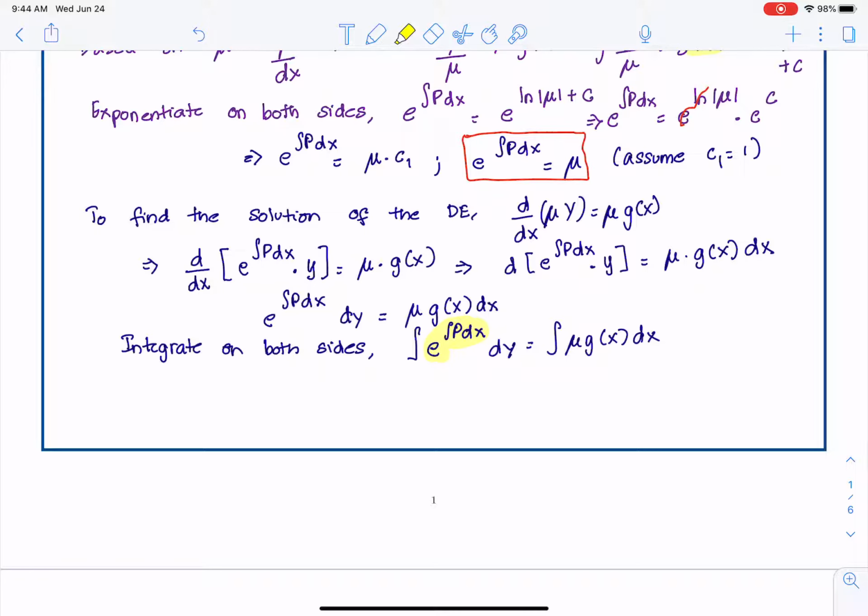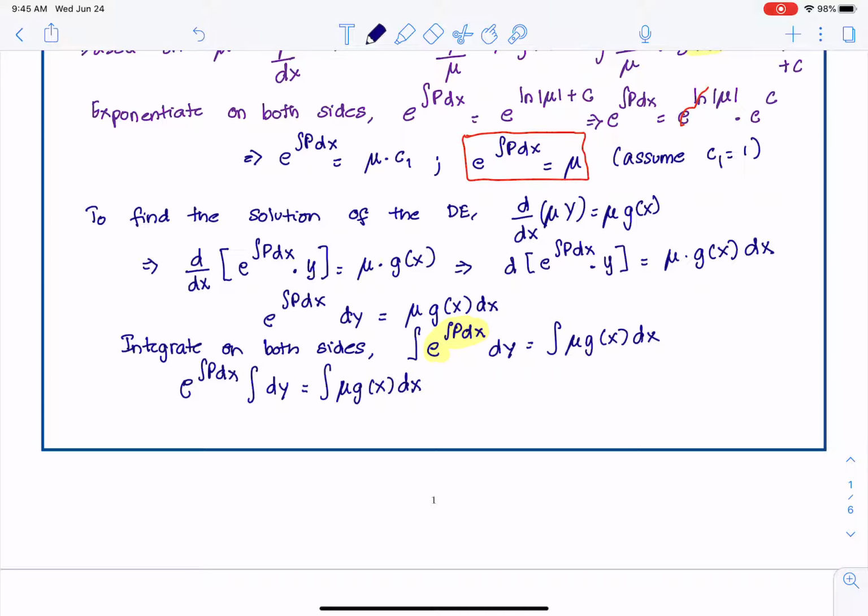So if we are integrating with respect to y and the integrand is a function of x, it would be treated as a constant, so that is going to come out. So e raised integral p times dx integral dy equals mu times g of x dx.